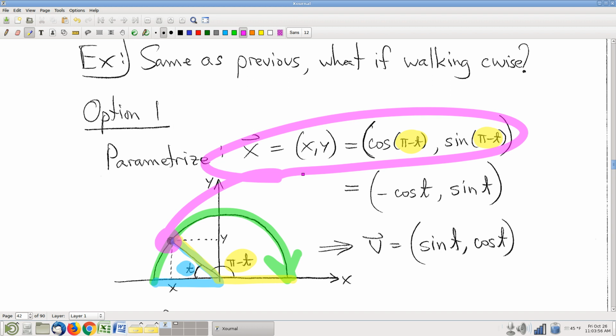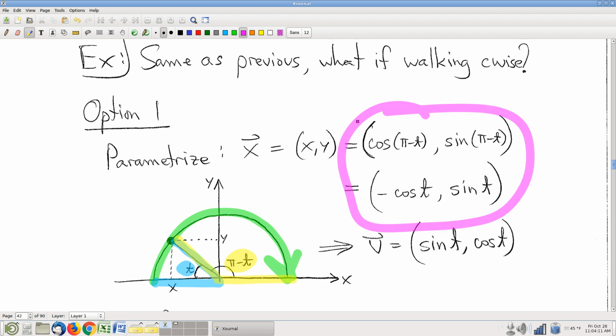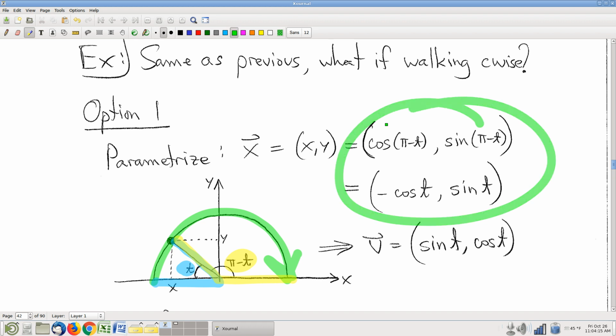Theta here is pi minus T, and so you get those formulas. And then don't forget your angle addition formulas. Hope everybody remembers angle addition formulas and symmetries of trig functions. This simplifies to that. So there's the first way that you can parameterize this curve.